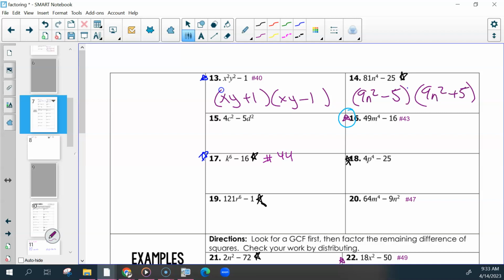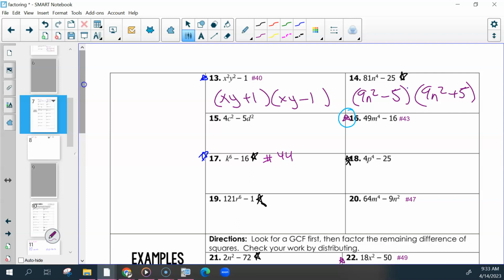Now, before we continue, I'm going to do a side note here. Sometimes you'll get something that you need to factor twice. Whatever this was, let's say you ended up with something here that maybe this was also a perfect square.